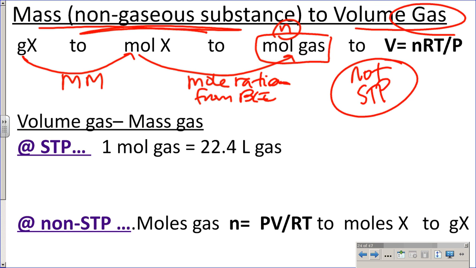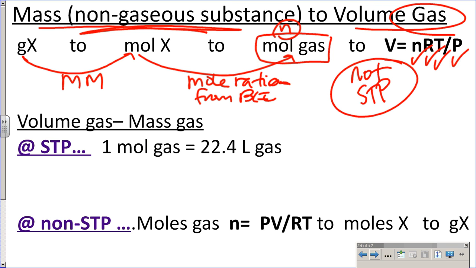Not at STP, therefore you cannot use that 22.4 liter per mole number. So basically what you're going to have to do is, in the problem, you would be given the pressure and the temperature, you know the R value, you just calculate the n value, so you can calculate volume using PV equals nRT. So we're meshing both stoichiometry and our new gas law we just learned today. Does that step-by-step process make sense?